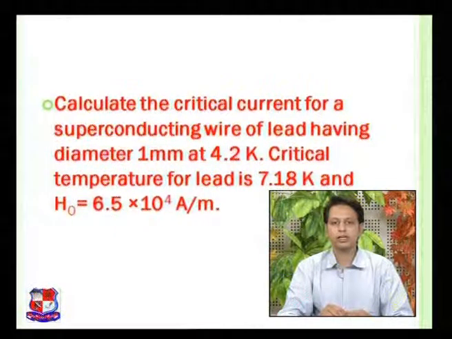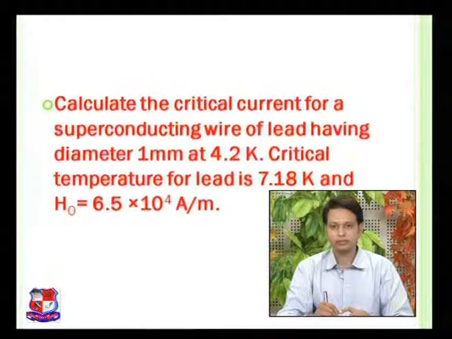Now we have some conditions. We have to calculate the critical current for a superconducting wire of lead. That means lead is the material from which a superconducting wire is prepared, and we have to calculate the critical current of that wire.